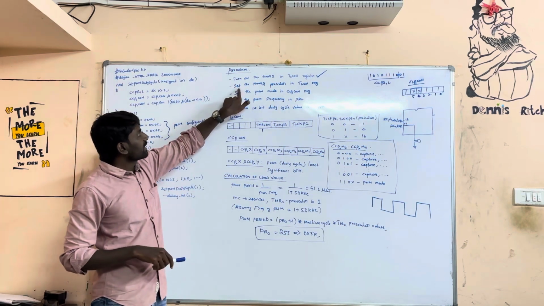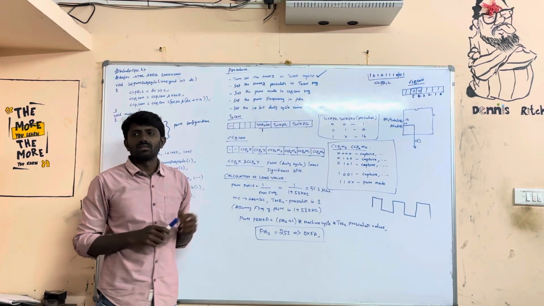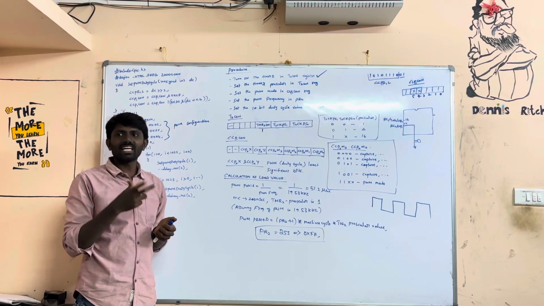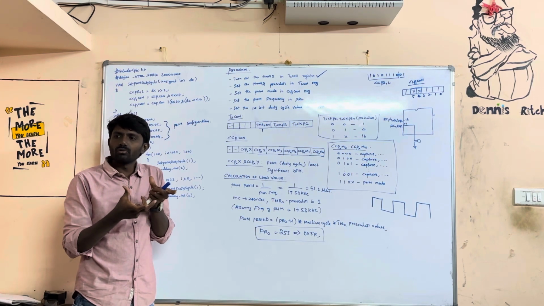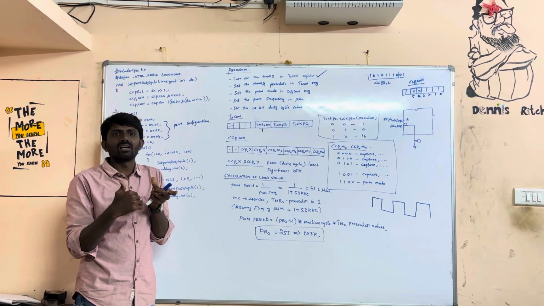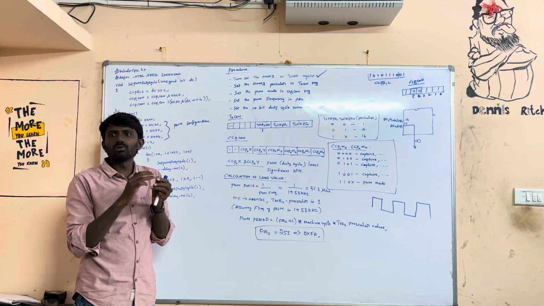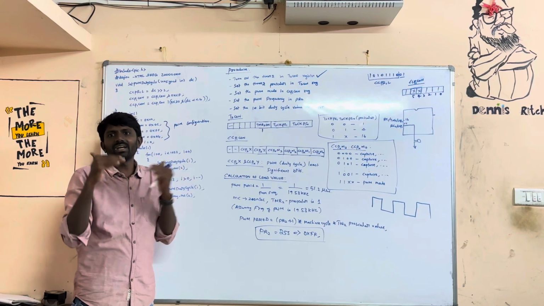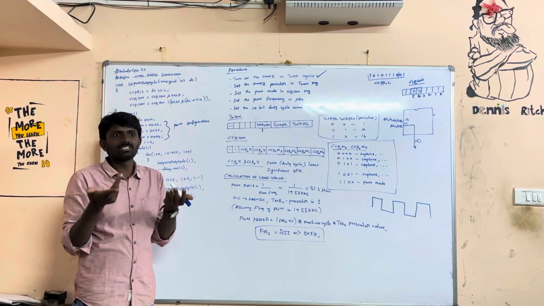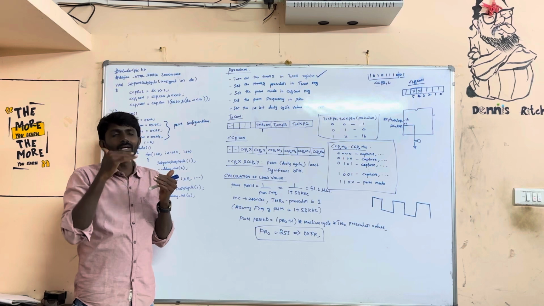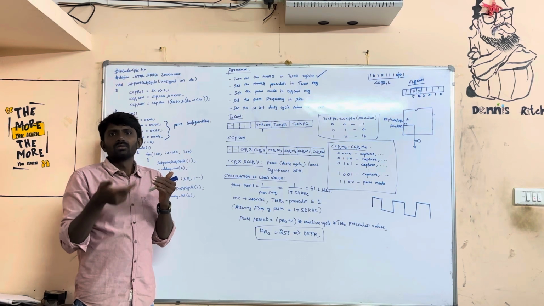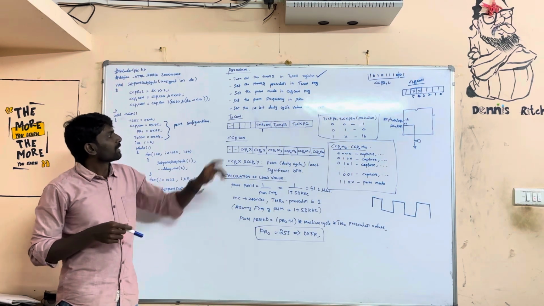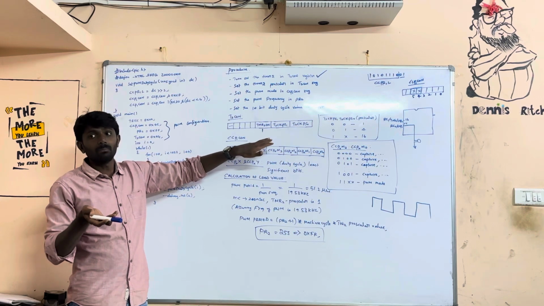Next, set the timer 2 prescaler. Already we have seen in the timer class, whenever you use a timer, you have to use the prescaler. Otherwise the timer will not be able to keep counting. When you use the prescaler, it divides the count, so it reduces the overflow rate. That's the purpose of using the prescaler.